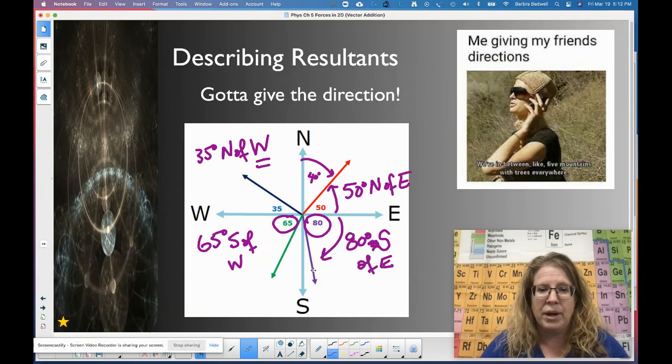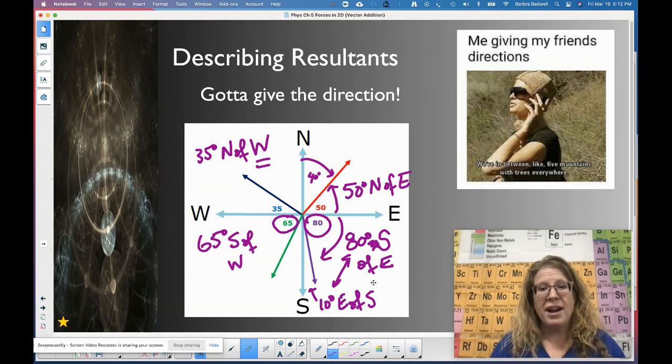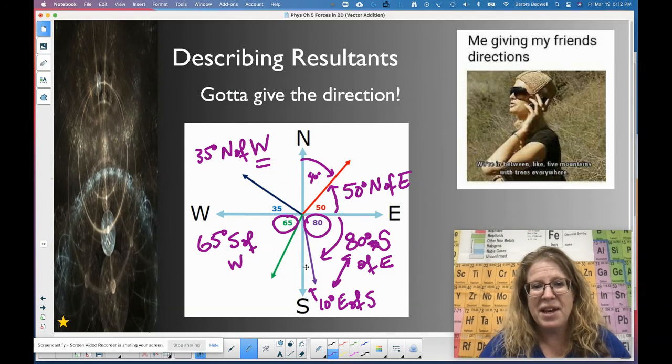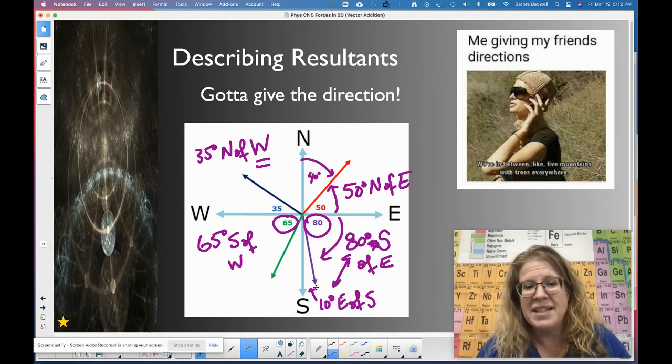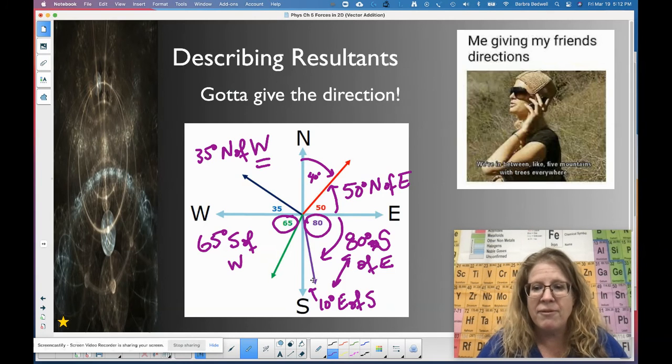Again, it's a little bit weird to figure out what this is. This angle right in here, that one would be 10 degrees east of south. See how they're complementary? Okay, they add up to 90 degrees, and you flip-flop the directions. So they can both be correct. You can either say 10 degrees east of south, or you could say 80 degrees south of east. Those describe the same vector, okay?